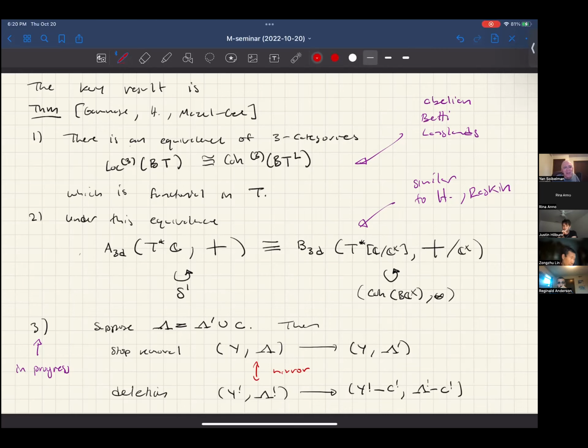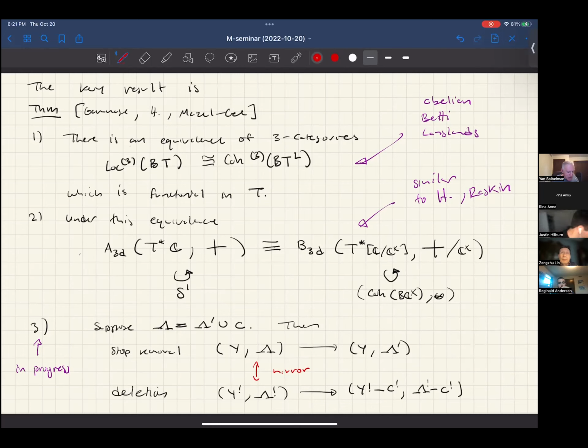It's just a Fukaya category of the cotangent bundle in some properly defined sense. But if you do not have this local structure, and if it's something more complicated, I don't know.